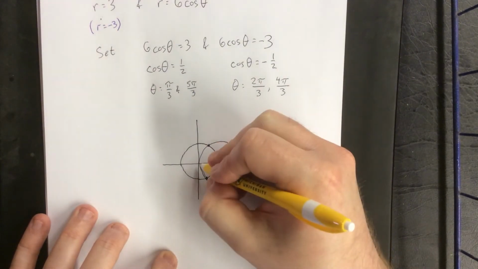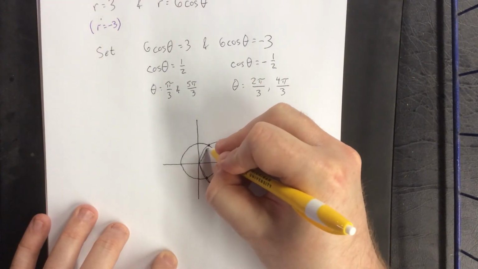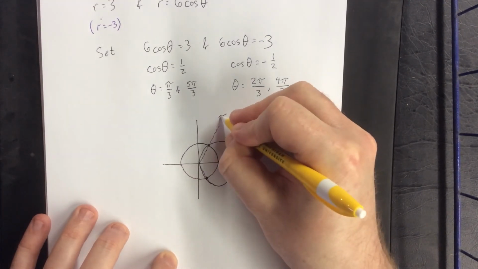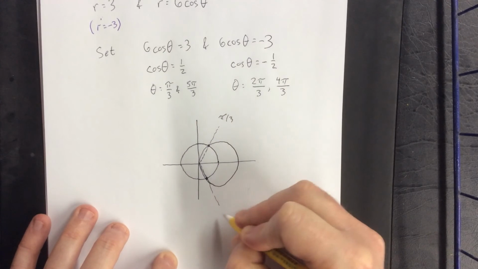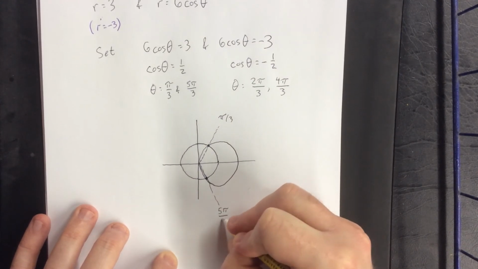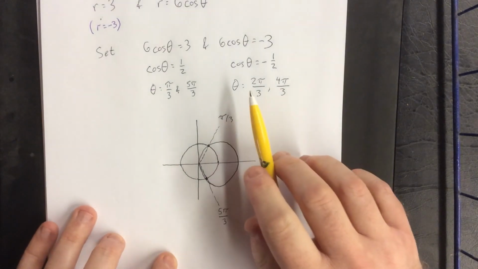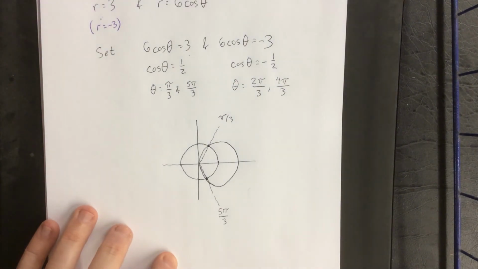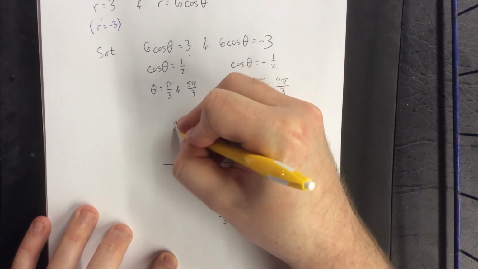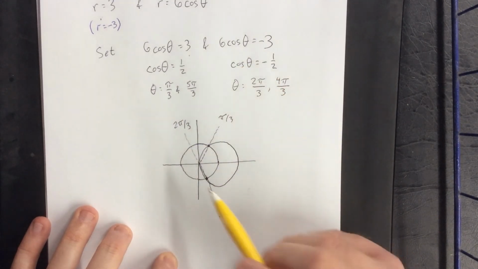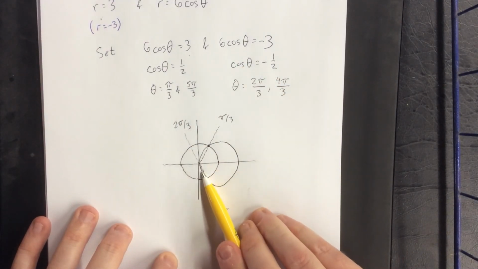Well, fact of the matter is, this angle right here in quadrant 1 is pi over 3, and this angle right here in quadrant 4, that's 5 pi over 3. In both of these cases, we said that that's where r is going to be a positive value. The corresponding angle in quadrant 2, 2 pi over 3, is actually where r is negative.